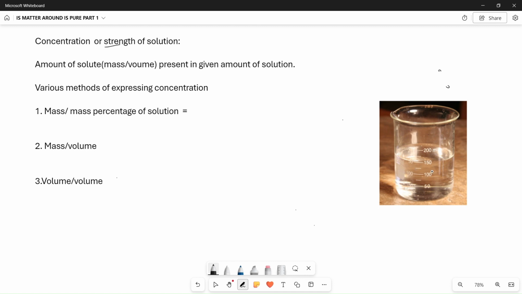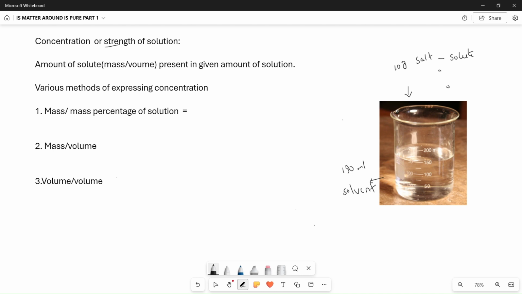Suppose I have taken a beaker with 150 ml of water. What is water here? Solvent. Then I have taken 10 grams of salt to dissolve in it. What is salt here? Solute.